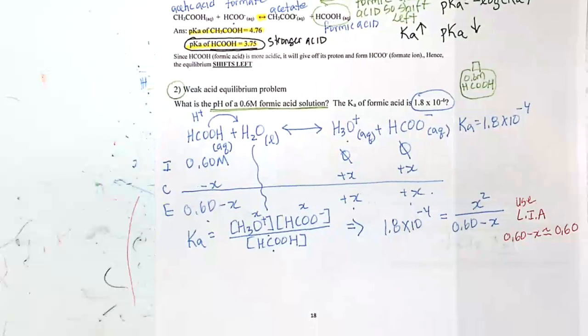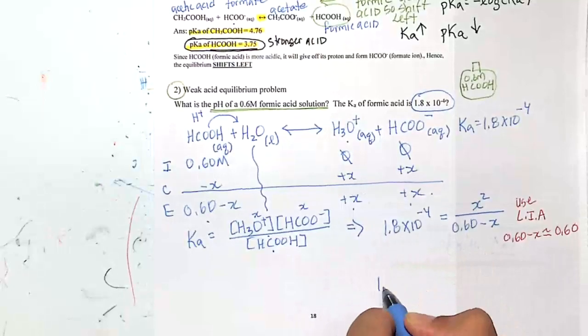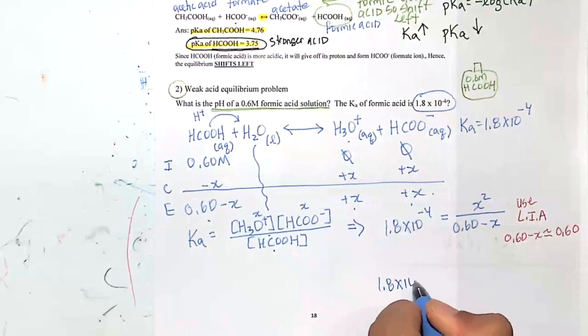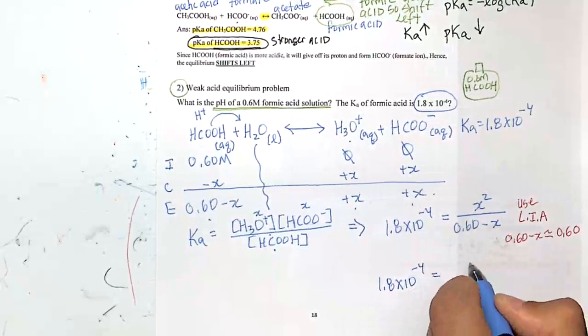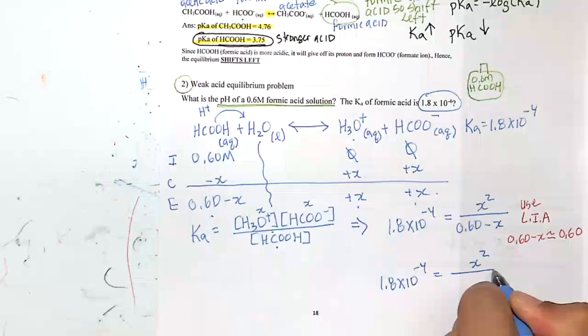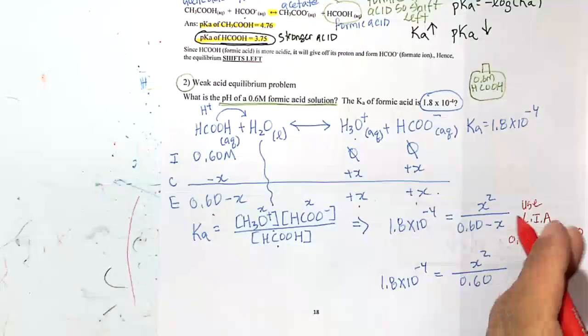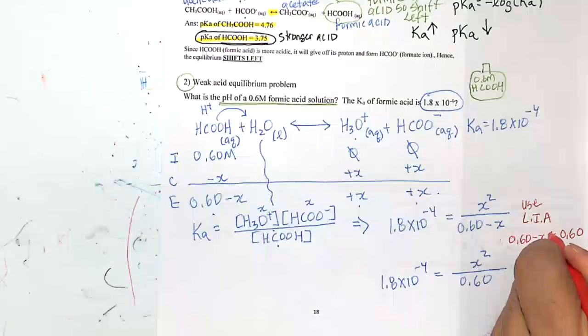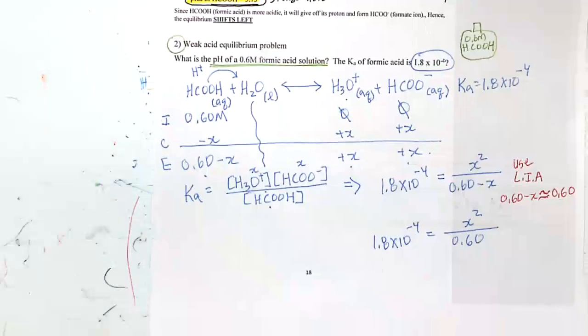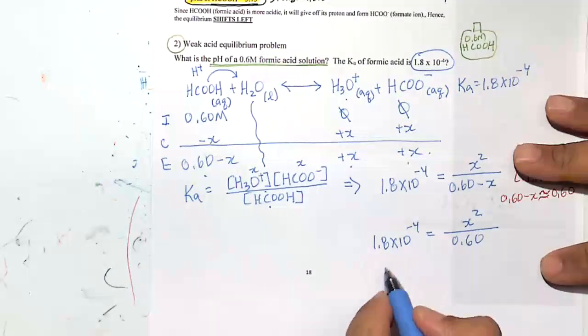On the exam, we'll assume it's less than 5%. So 1.8 times 10 to the minus 4 equals x squared divided by 0.60. This is the assumption we're going to make, and then we will solve for x.